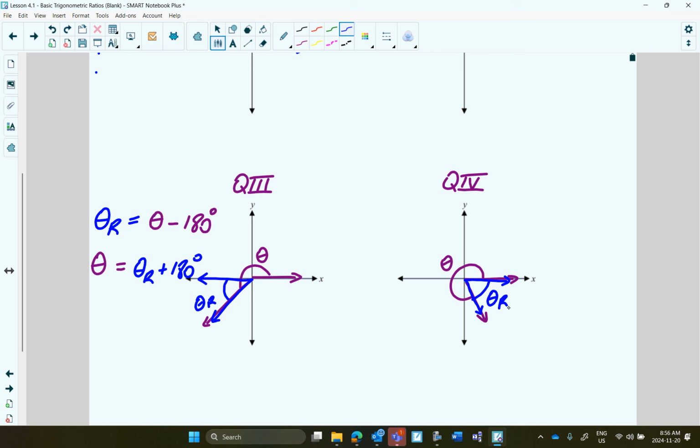So the relationship between theta and theta r, if theta's in quadrant 4, is they add up to 360. So if we want to find the reference angle, we're going to have to do 360 degrees minus theta, the original angle. If we're given the reference angle and told that it ends in quadrant 4, and we're asked to find the original one, it's going to be 360 minus whatever the reference angle you're given is.